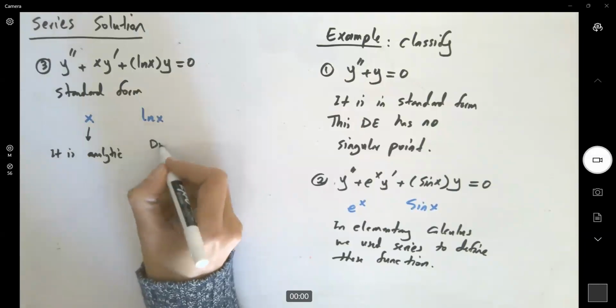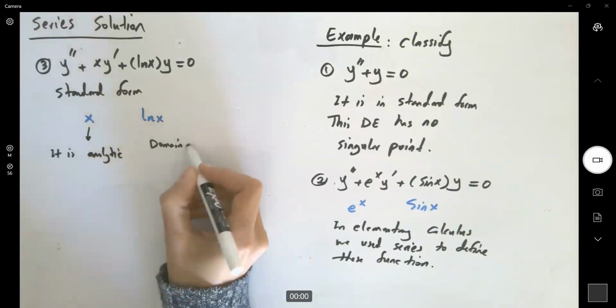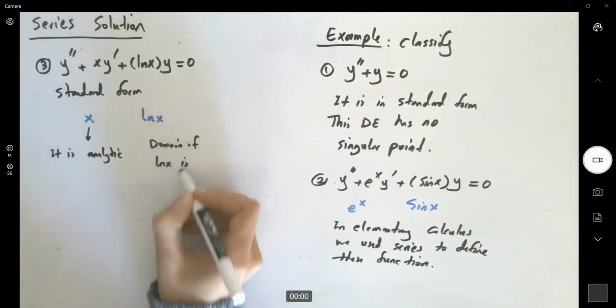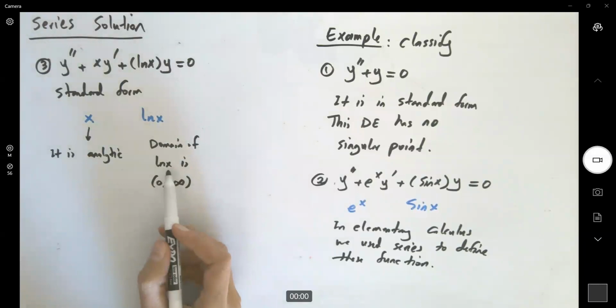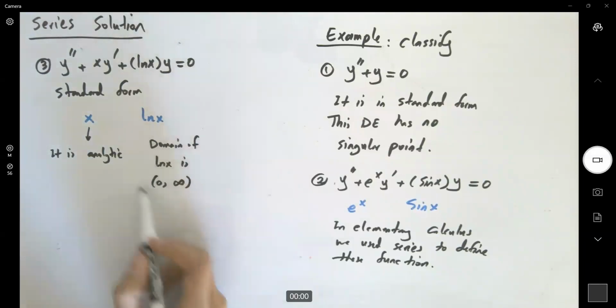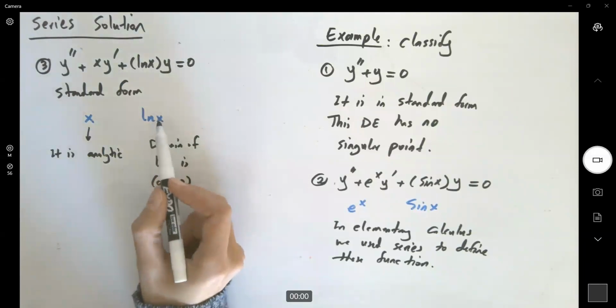The domain of ln of x is 0 to positive infinity. Ln of x is discontinuous at x equal to 0. So it cannot be represented by a power series.